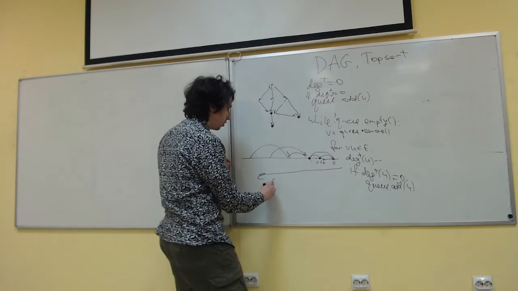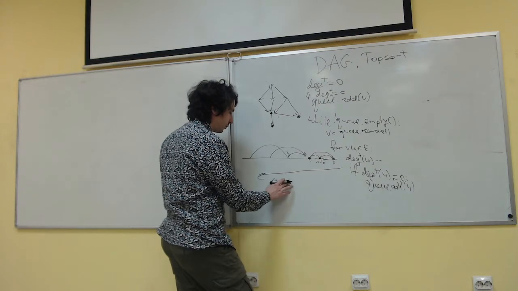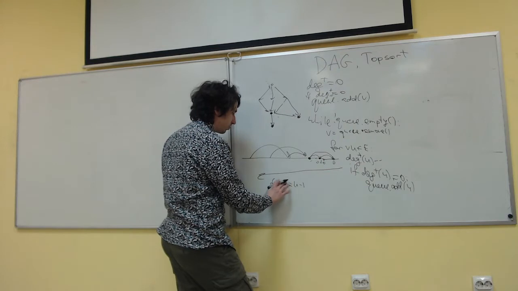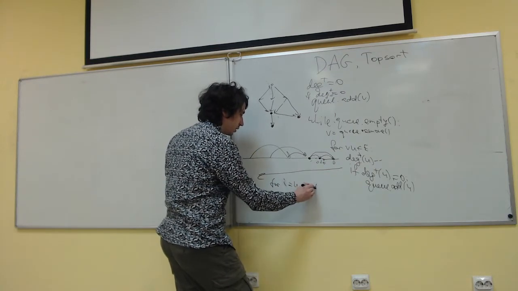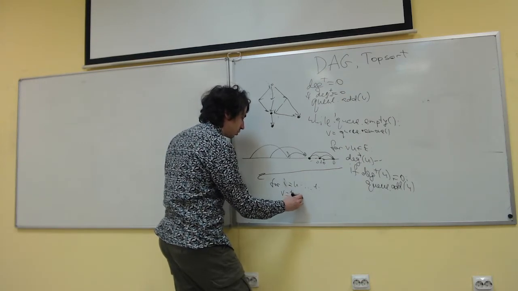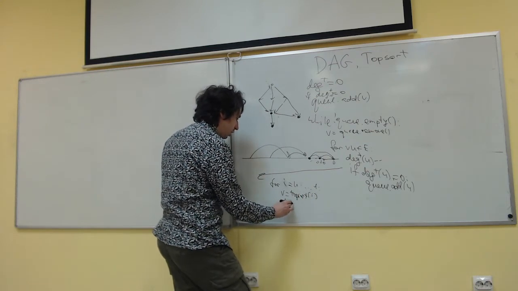I just go for each vertex v, for each i from n down, I get the vertex top sort of i, and then I go for each edge from v to u.